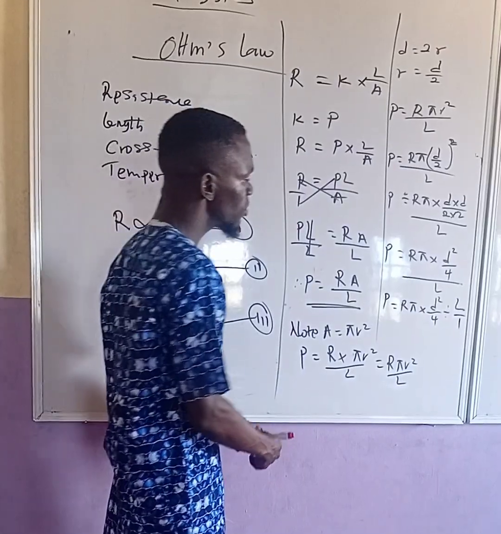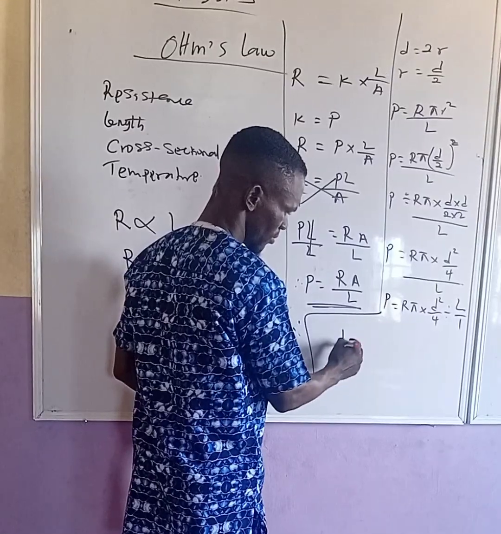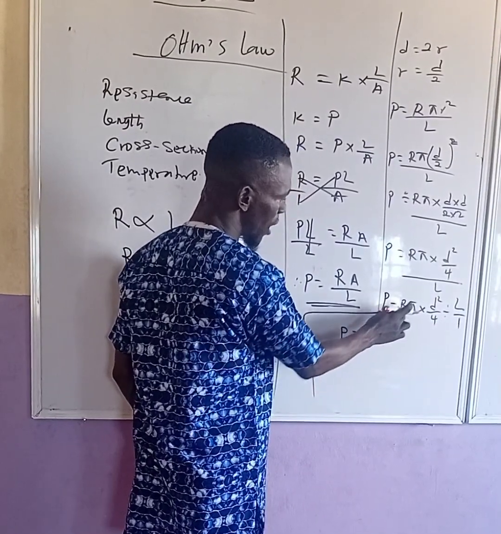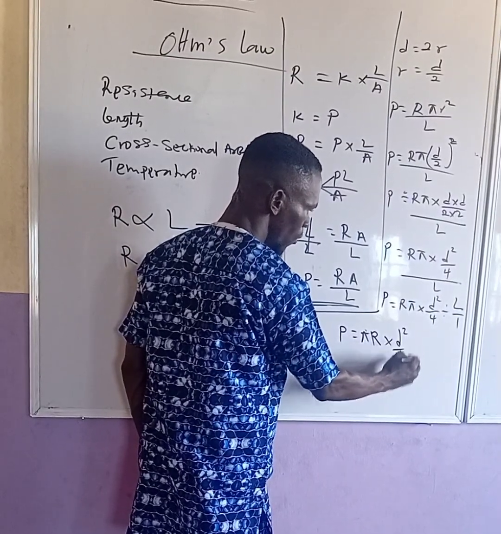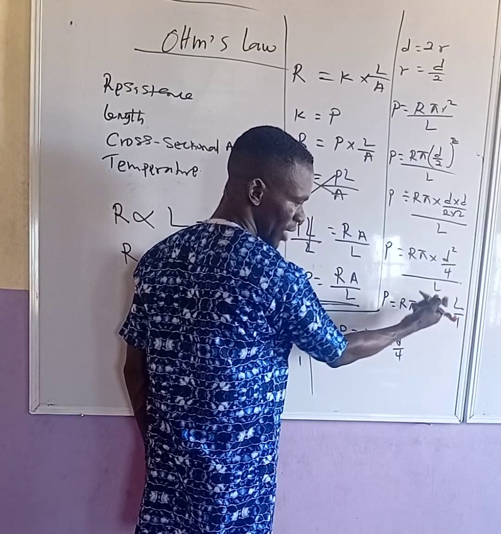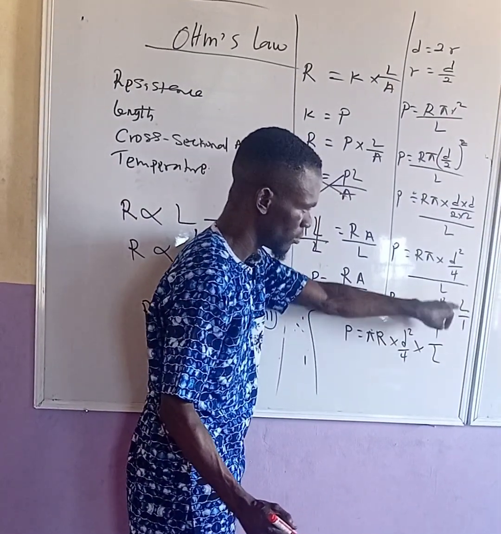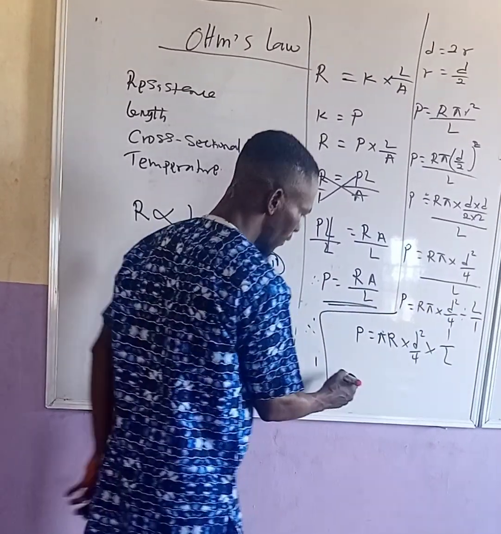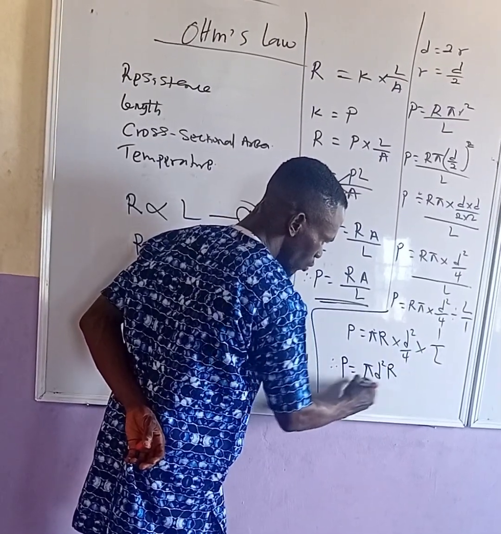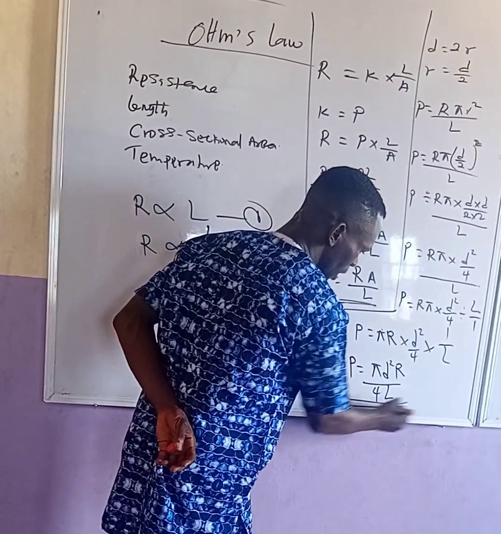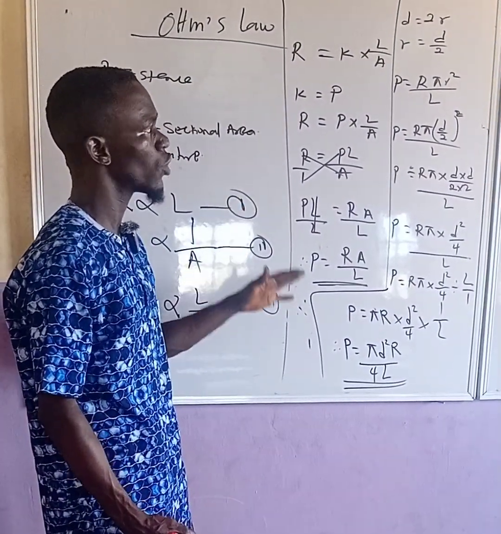So resistivity equals resistance times pi times d squared over 4, divided by L. Now flip this one: the division turns into multiplication, so that will be times 1 over L. I took this one up and brought the L down. So we have the final formula: resistivity equals resistance times pi d squared over 4L. That's the formula for resistivity. So I have broken the whole formula under Ohm's law down.